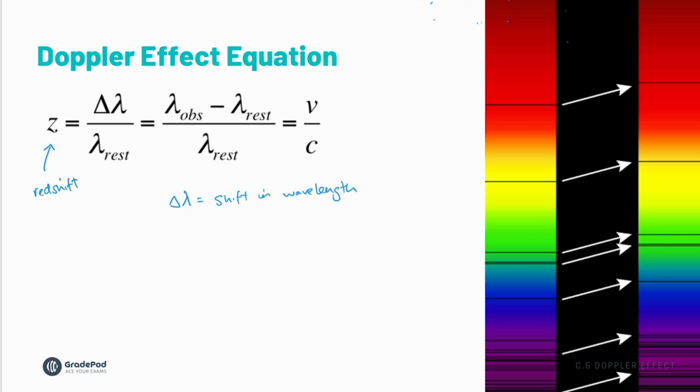So if we take this diagram, for example, let's say that wavelength is 500 nanometers and this one is 510 nanometers, then the change in wavelength here would be 10 nanometers. Lambda is the wavelength when it's stationary, and in this case that would be 500 nanometers. V is the speed the object is moving.